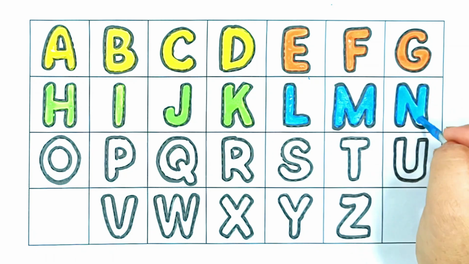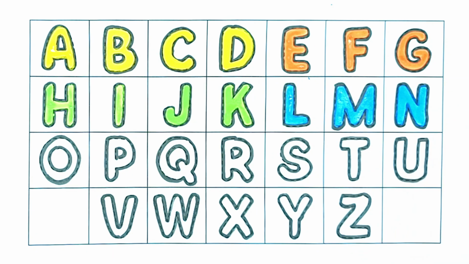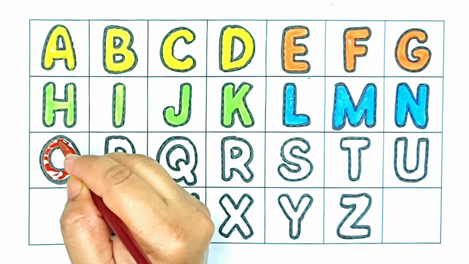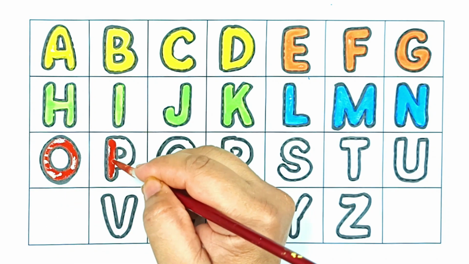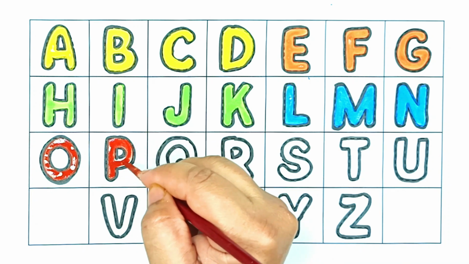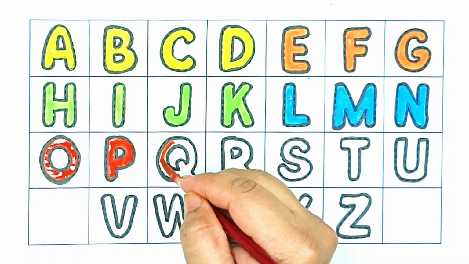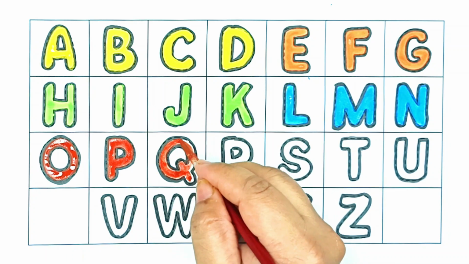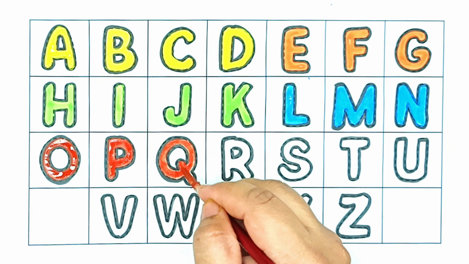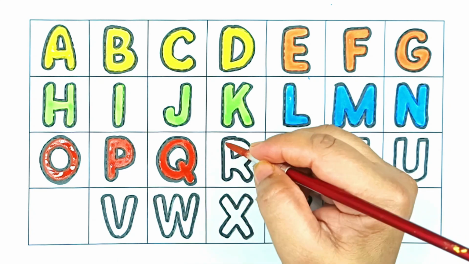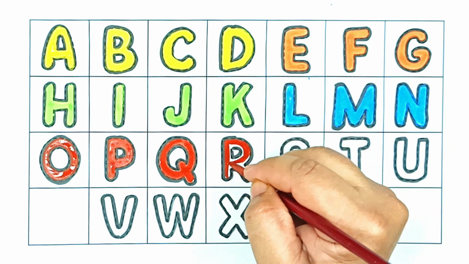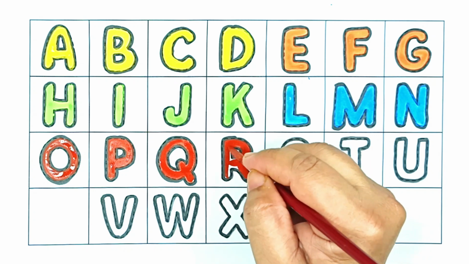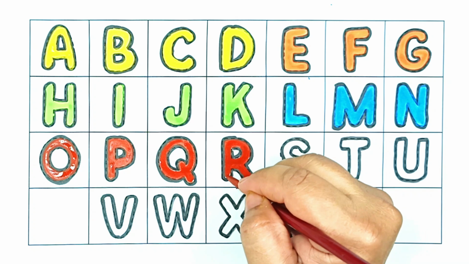N for net. N for net. O for onion. O for onion. P for pen. P for pen. Q for queen. Q for queen. R for ring. R for ring.